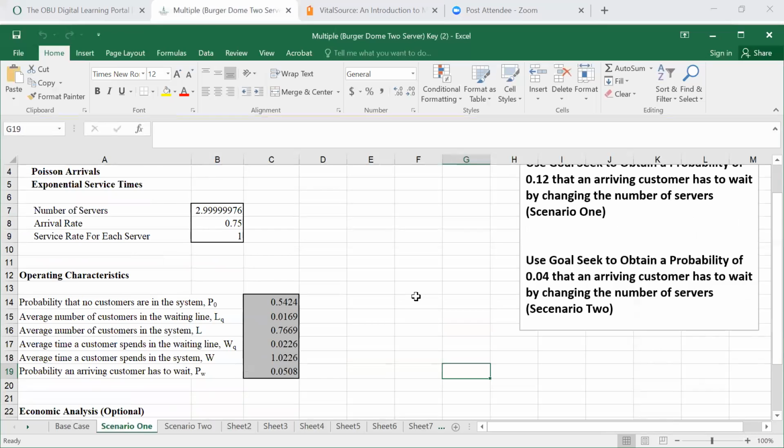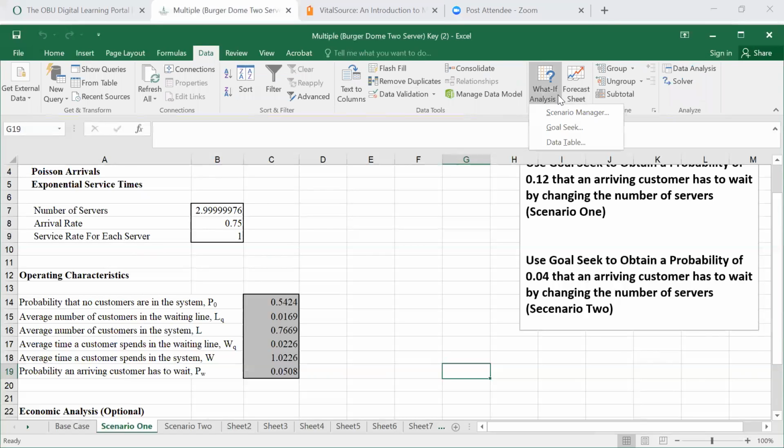All right. And the number of servers is up there in B7. Okay, so this is going to be a simple process, and I'm going to do this. So click Data, and I'm going to use the What-If Analysis.